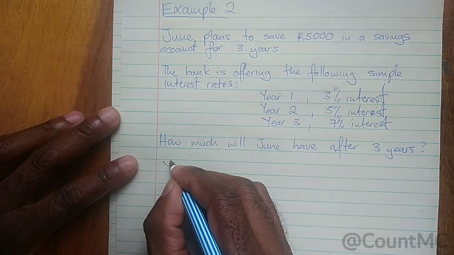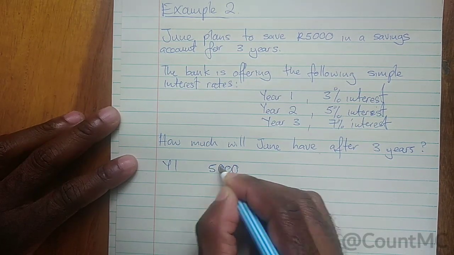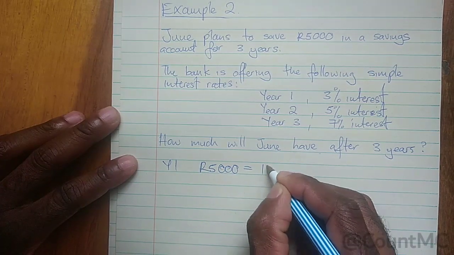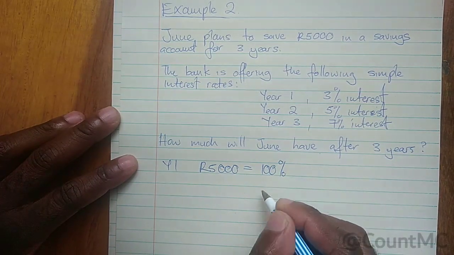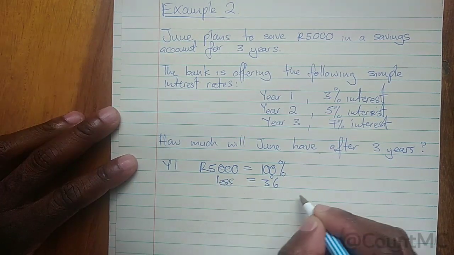So let us calculate for year 1. We know that this 5,000 rands is our 100%. So 3% is going to be less.